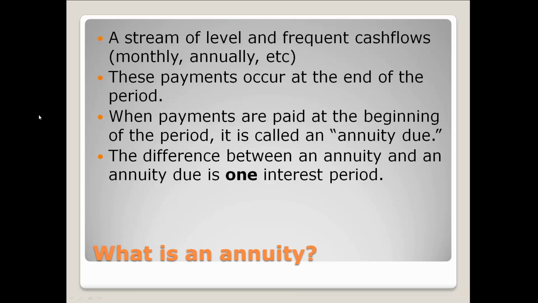Quite simple. If you've got to pay rent, when is the rent due? It's due on the 1st. So an annuity due, the payment's made on the 1st, as opposed to an ordinary annuity, which is made at the end of the month. So technically, from a time value of money perspective, the difference between an annuity and an annuity due is 1 interest period.